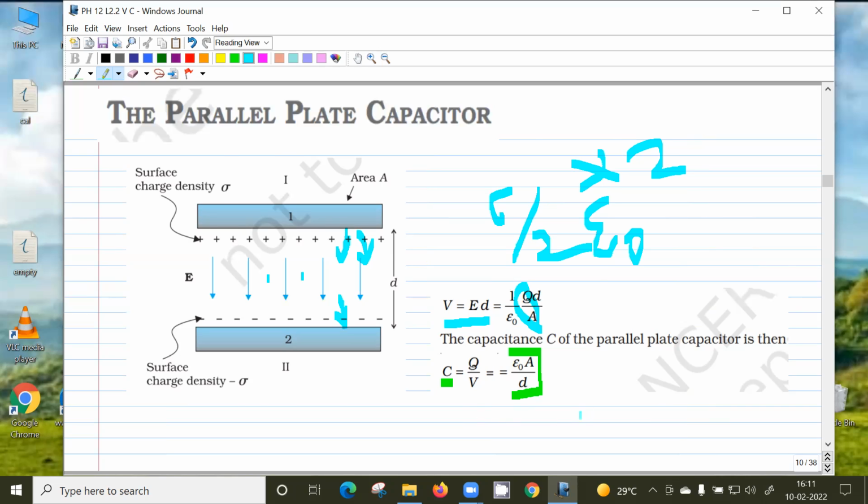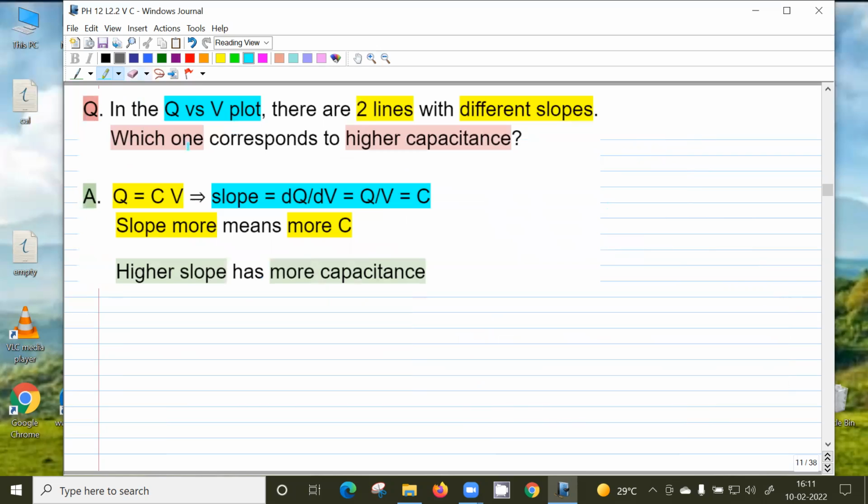Okay. Yes, sir. Okay, this is a simple conceptual question. In a Q versus V plot of two lines of different slopes, which one corresponds to higher capacitance? More slope means steeper.